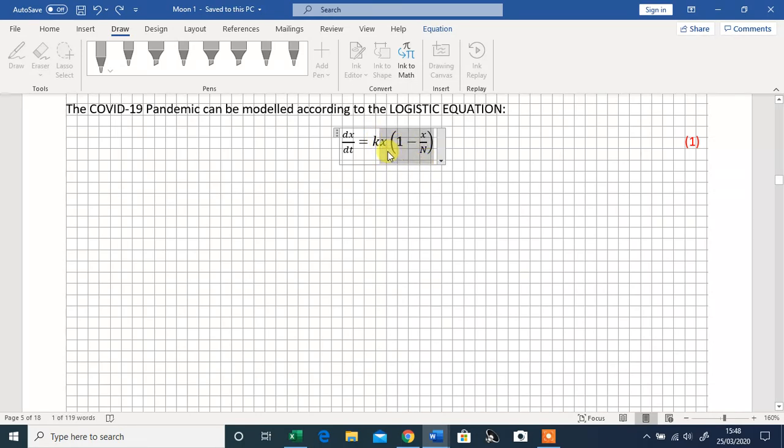To separate the variables, we want to divide both sides by x times 1 minus x over n, and multiply both sides by dt.